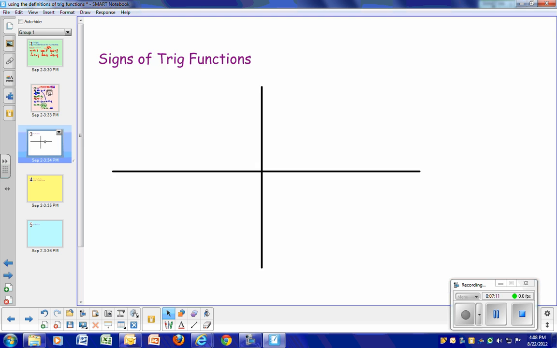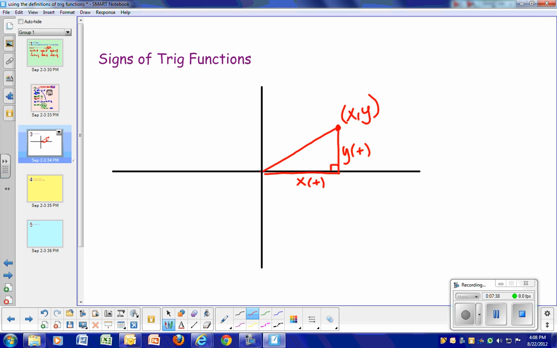All right, in our next section, I have a little graph set up there for signs of trig functions. So if you were to think about a reference triangle over here in quadrant 1, let's start with this. If I think about the point x, y up there, x here is positive because I'm going to the right. Y is positive because I'm going up. And we've discussed, I hope in class at this point, that this side r is always positive.